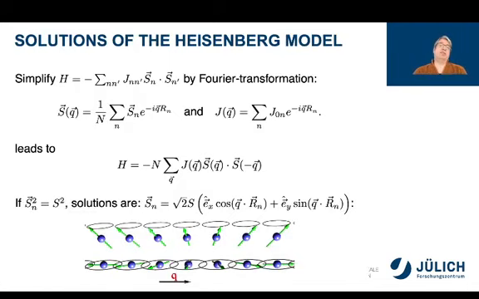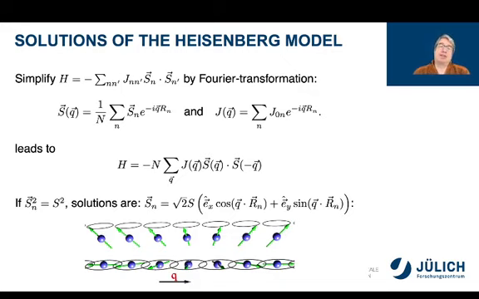Very useful in that respect is the fact that spin spirals are actually solutions of the Heisenberg model. So what you can simply do is Fourier transform this Hamiltonian, and then you transform essentially your J of i and j to a J of q.